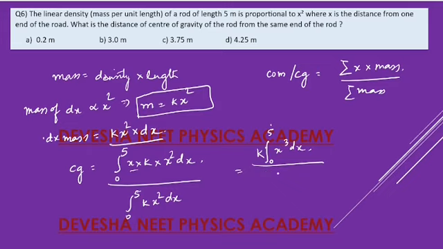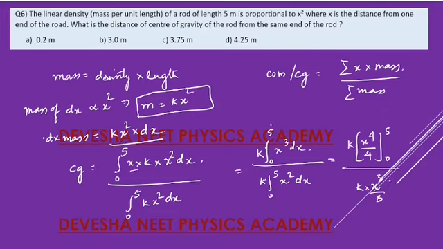Similarly for the denominator, 0 to 5 of k x square dx, taking k outside. The numerator gives k x to the power 4 by 4 from 0 to 5, and the denominator gives k x cube by 3 from 0 to 5.